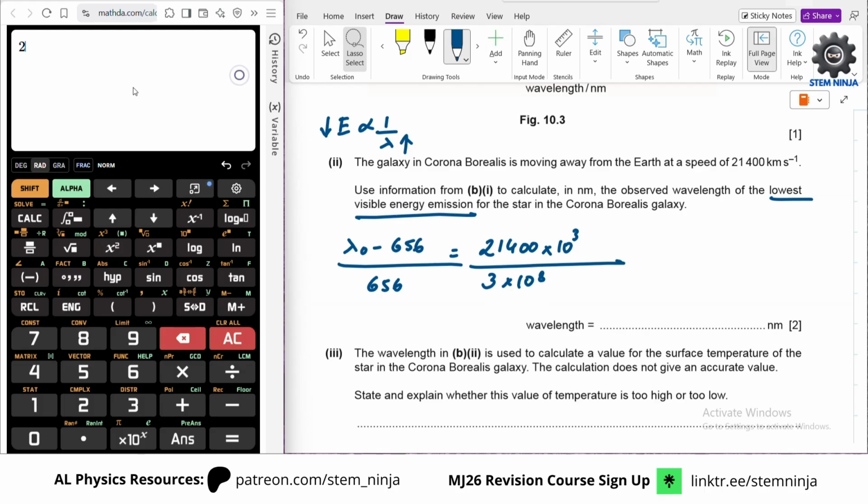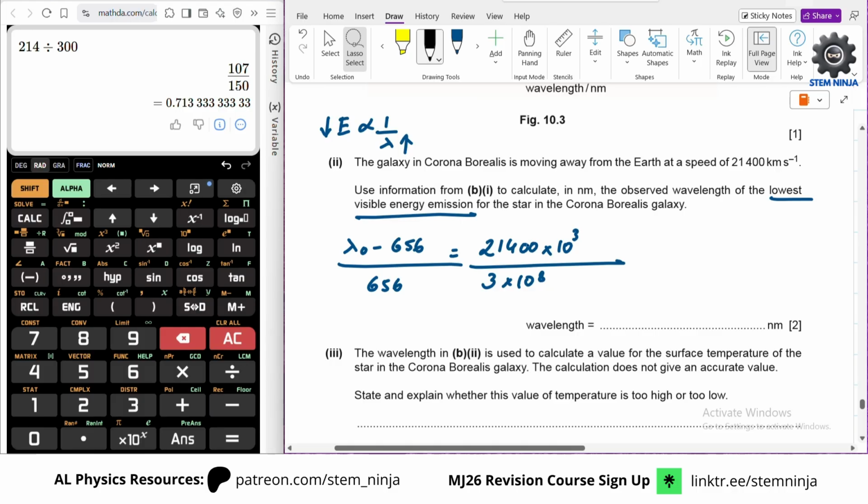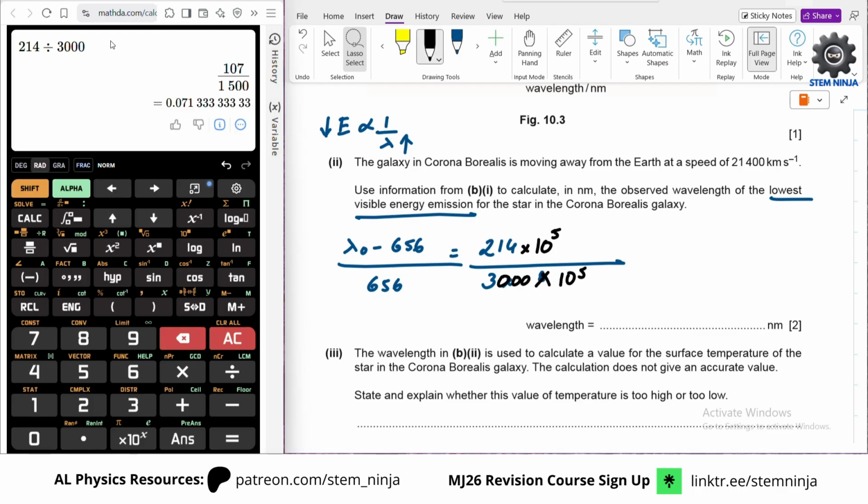So you have 214 divided by 3000, my bad.